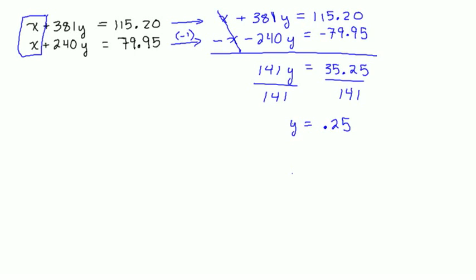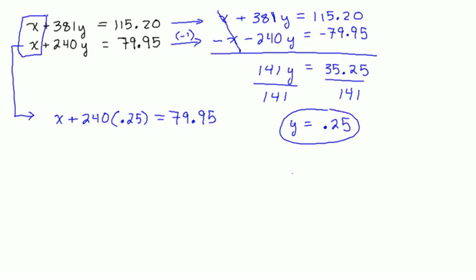Now I'm going to substitute that back in order to find x. Taking either of these original equations, I'm going to choose the second one. x plus 240 times y, which we now know to be 0.25, equals 79.95. And of course that 0.25 came from here.